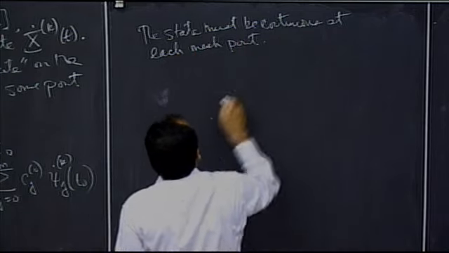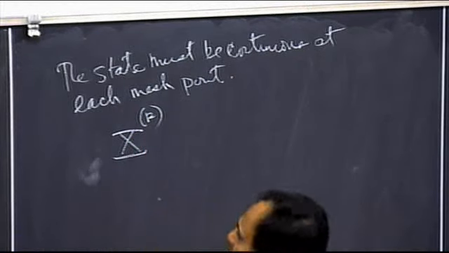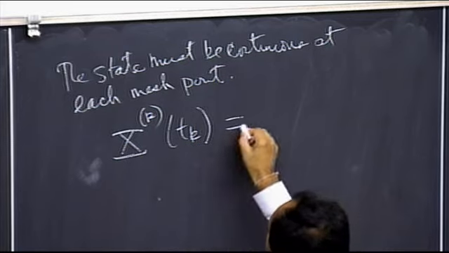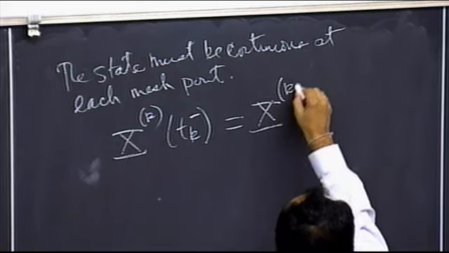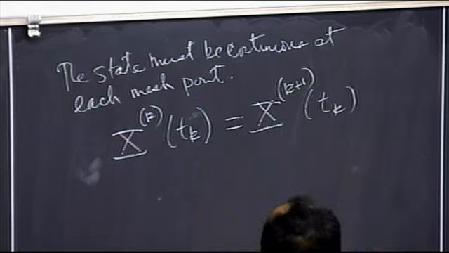So that means that the value of the state approximation in segment K at the final point, let's call this tk minus, has to equal the value of the state approximation at the beginning of the next mesh interval.